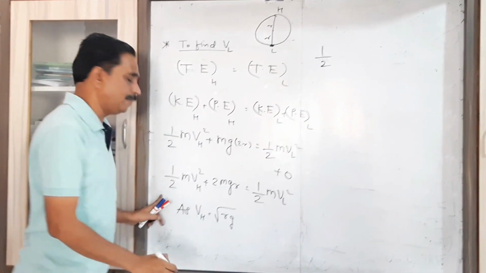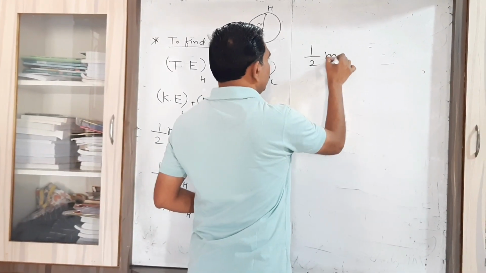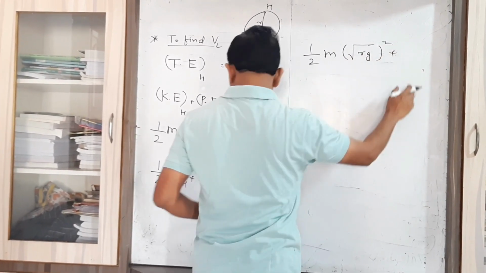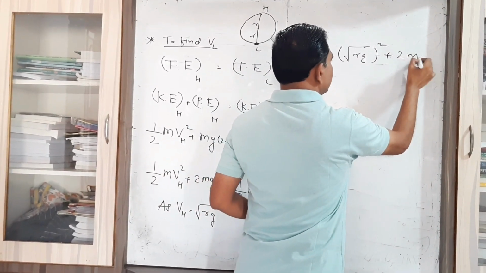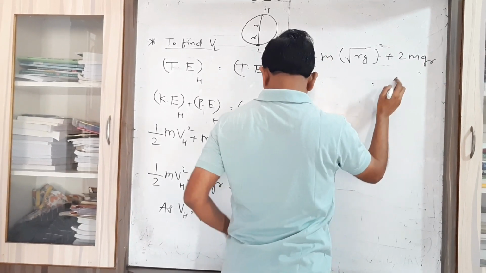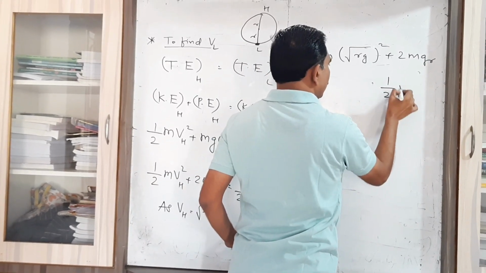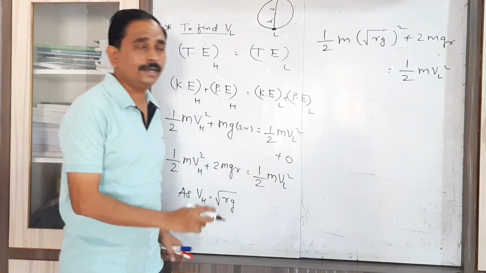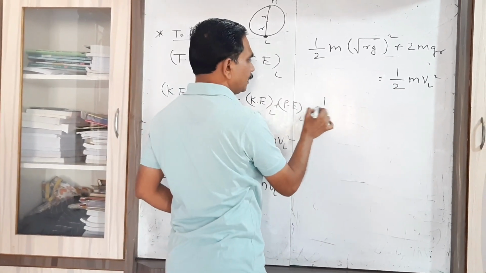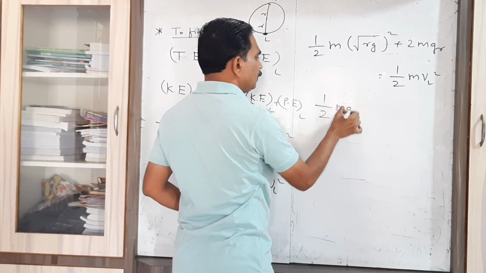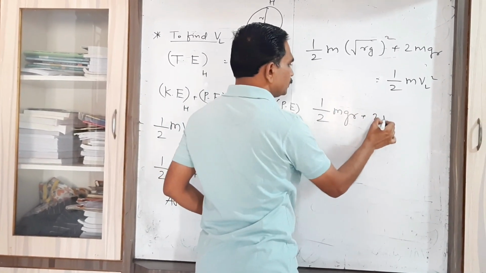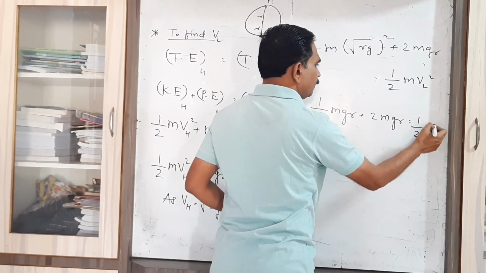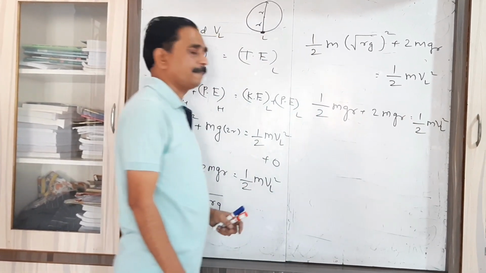I write half m, the value of vh is under root of rg, its square, plus twice mgr equal to half m vl square. Now the square root gets cancelled, so we have half mgr plus twice mgr equal to half m vl square.